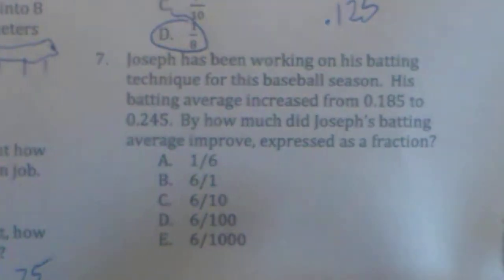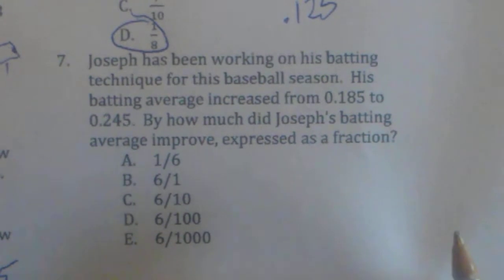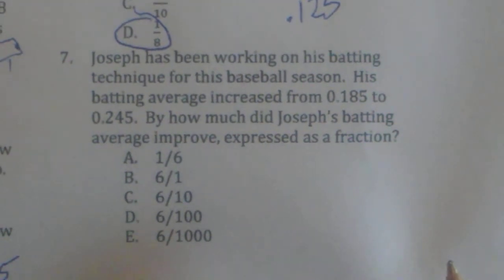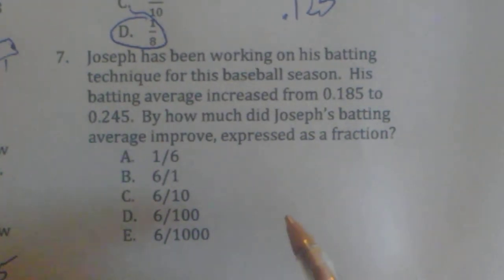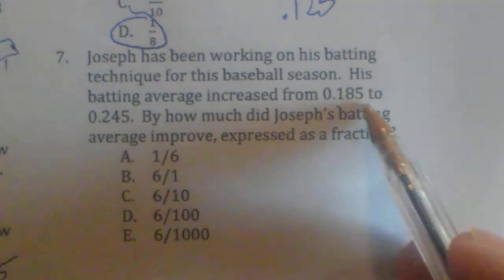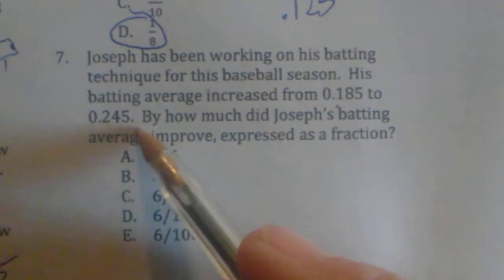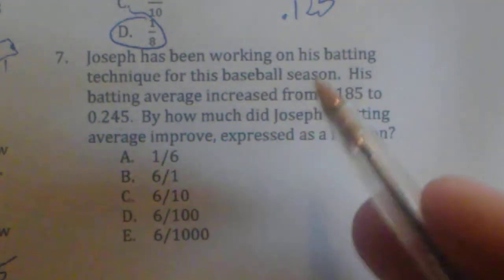Okay, number 7. Joseph has been working on his batting technique for this baseball season. His batting average increased from 0.185 to 0.245. By how much did Joseph's batting average improve expressed as a fraction? Okay, it went from 0.185 to 0.245. How do you find out how much it went up?